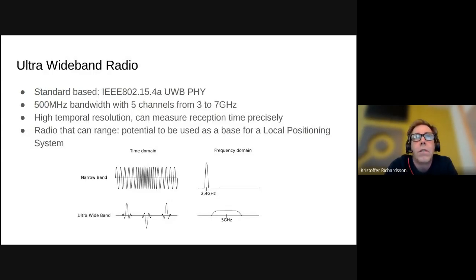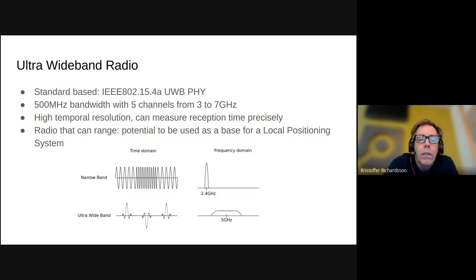So the local positioning system is based on ultra wideband radios. And we're going to start to talk a little bit about what ultra wideband radio is. I think it's not a super old standard, maybe about 10 years old-ish.